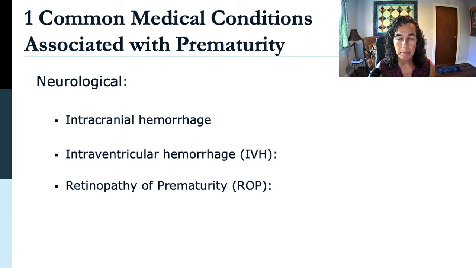Retinopathy of prematurity, or ROP, is a maladaptive growth of blood cells in the retina. So we have issues neurologically with children who are born quite early because of hemorrhaging, but also problems potentially with vision.